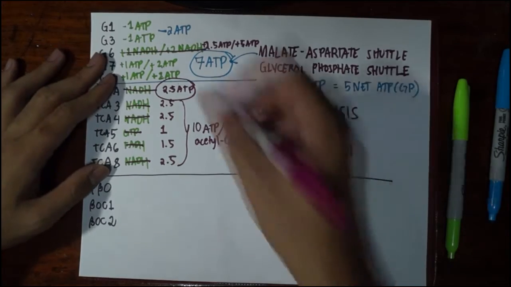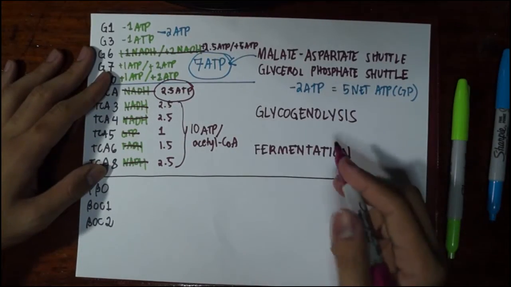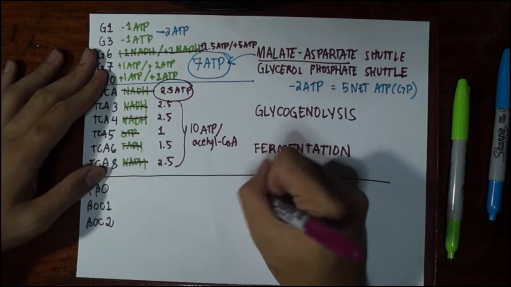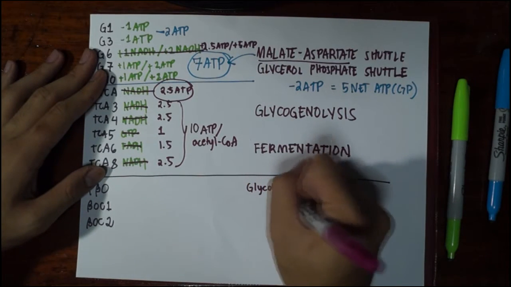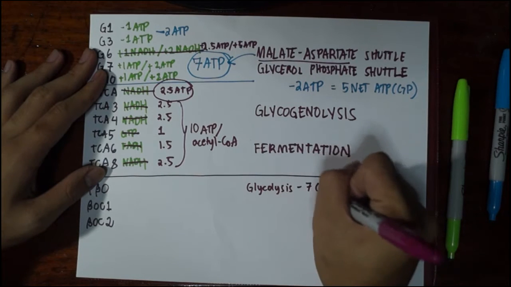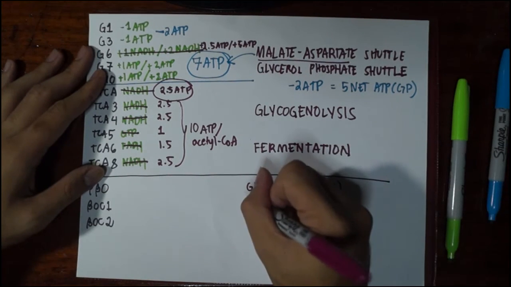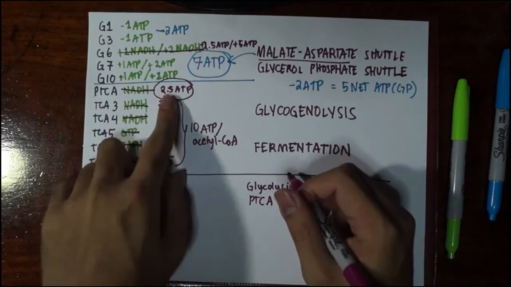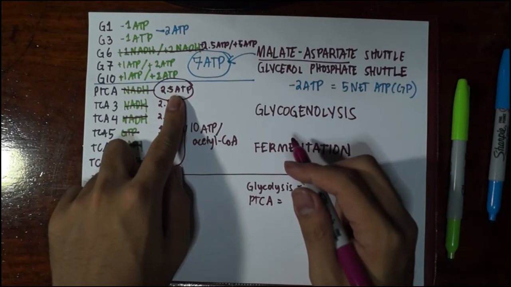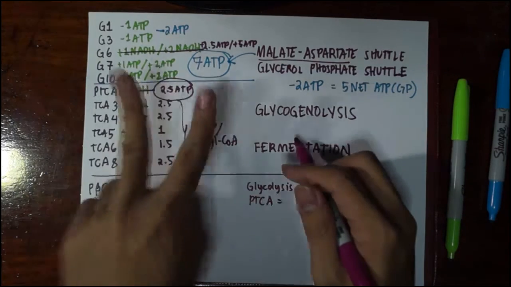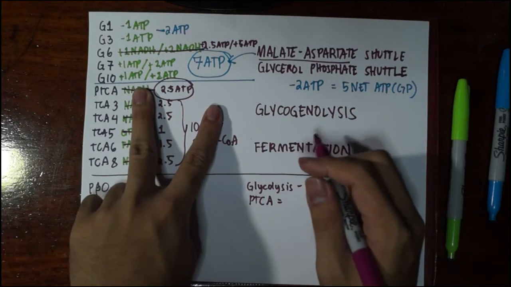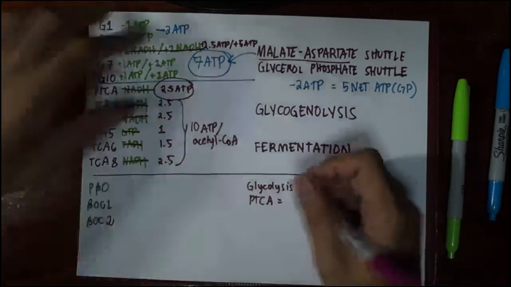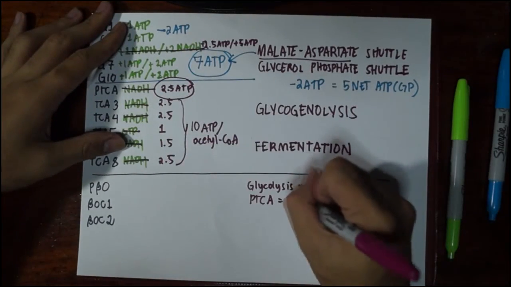Now, if we're going to calculate everything starting from glucose, and considering that we are in the malate aspartate shuttle, how many do we have? From glycolysis, we have 7. From the pre-TCA, how many do we have? This is only for 1 molecule of acetyl-CoA, but we produce 2 acetyl-CoA molecules from glycolysis. So this is 2.5 times 2 equals 5.